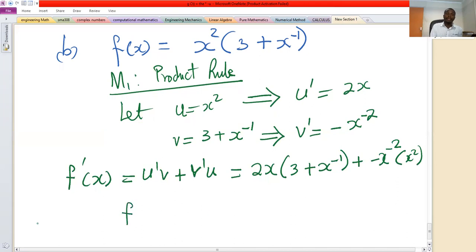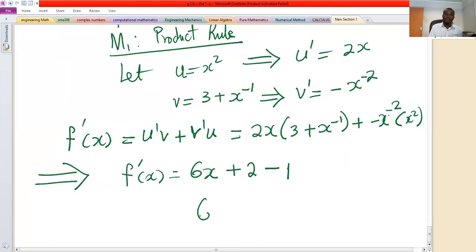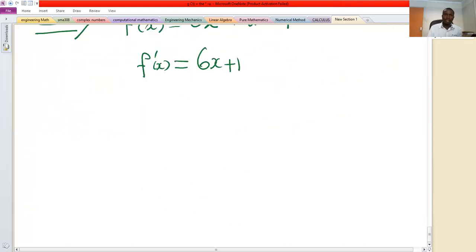And this implies that the derivative of this function is 6x plus 2 minus 1 plus 1 is 0, and then minus this also be 1. So 2 minus 1 is just plus 1. So that's method 1 by product rule.